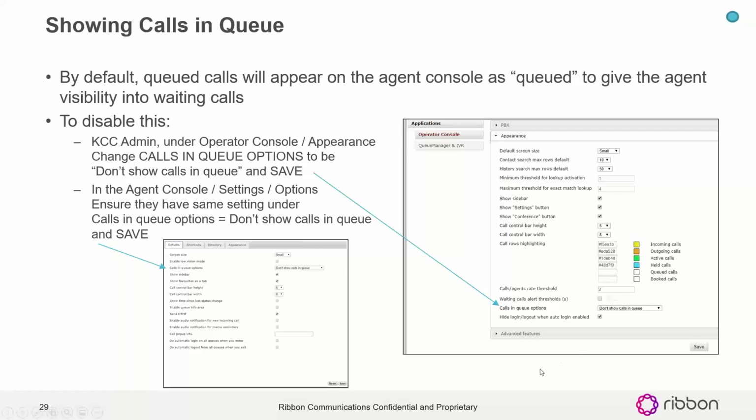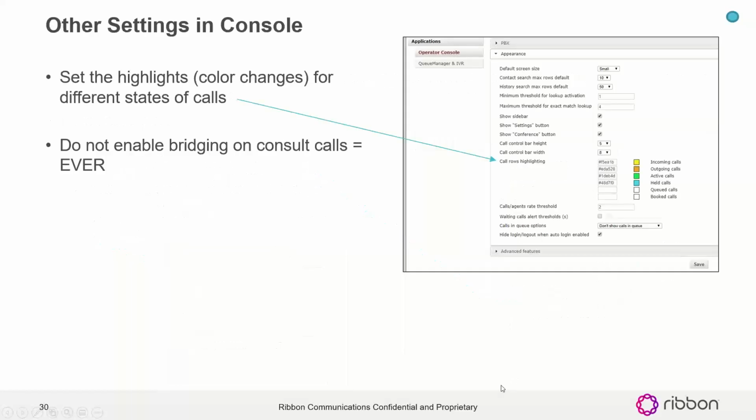And they're going to think that those calls are for them, but that's just calls coming into the queue. So you'll want to turn that off, so don't show calls in queue. The same thing is at the agent level. Whenever they look at settings, calls in queue options, they can turn that off as well. But if you put it here, it goes across all of them.